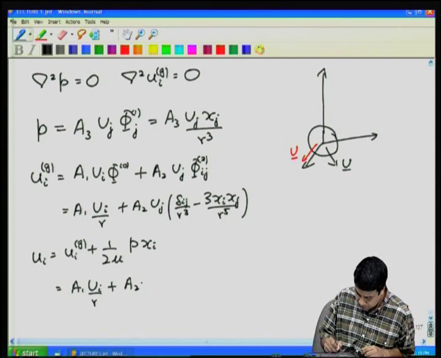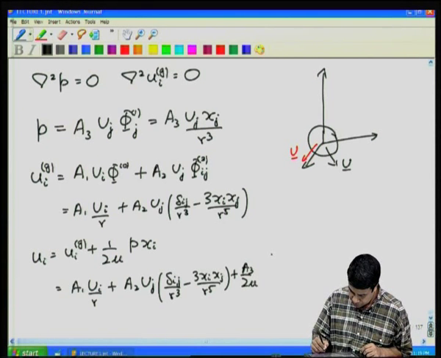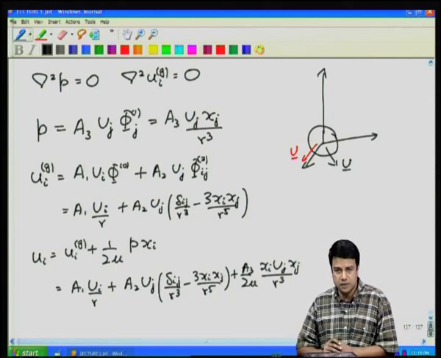plus a 2 plus a 3 by 2 mu. So, that is my complete solution for the velocity, in which I now have to determine the coefficients a 1, a 2 and a 3.